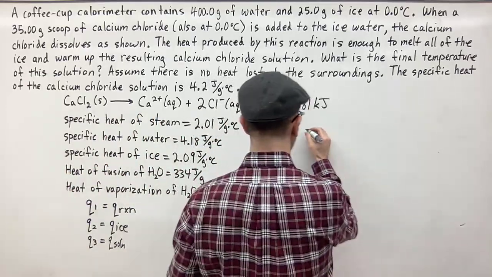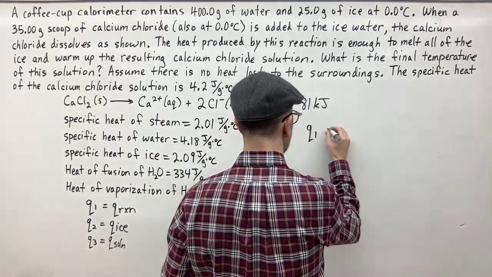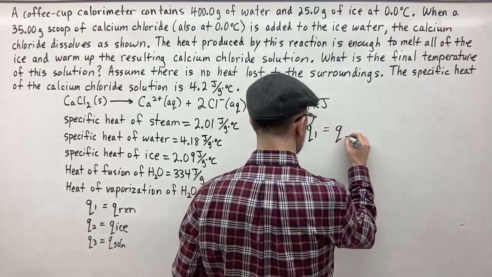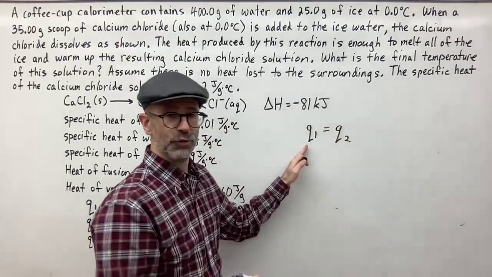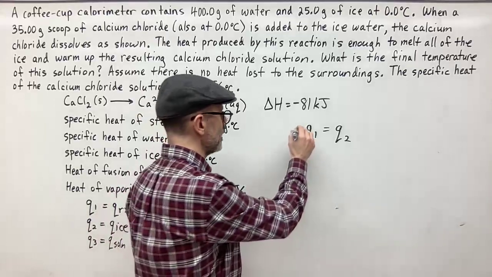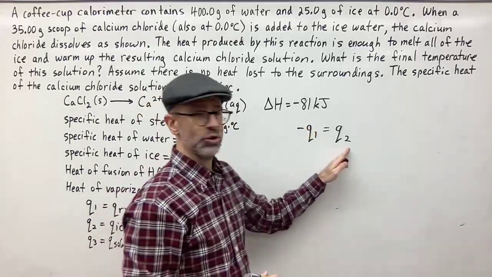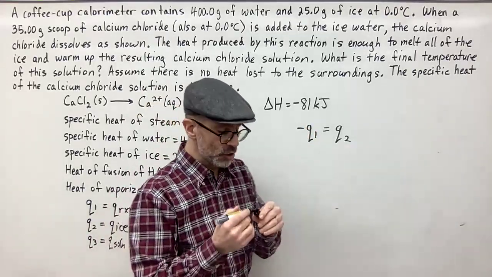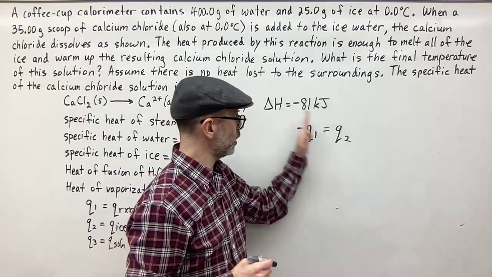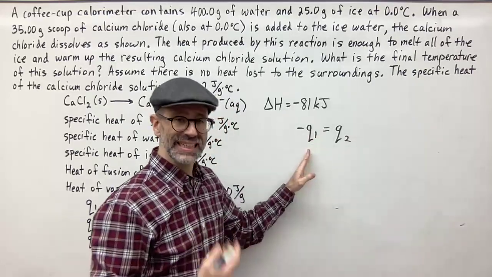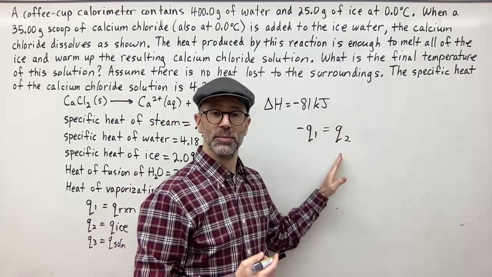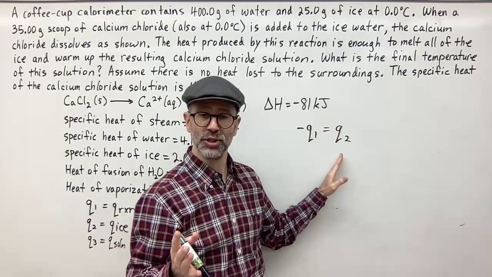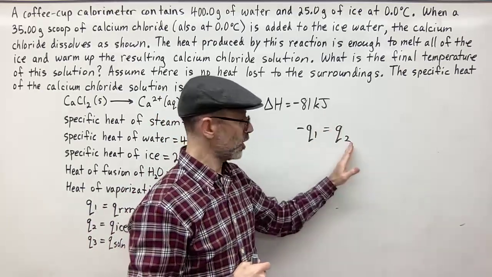And so you would have Q1 equal to Q2. But if Q1 is releasing that heat, that would be negative. Q2 is absorbing that heat. So here, the amount of heat released is equal to the amount of heat absorbed. No heat being lost to the environment. So this works.